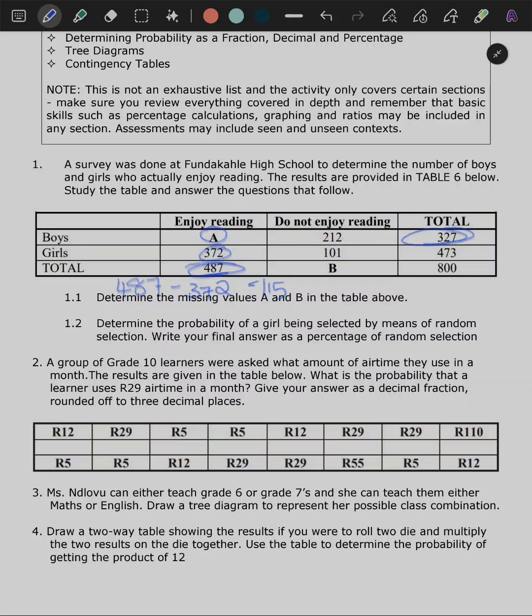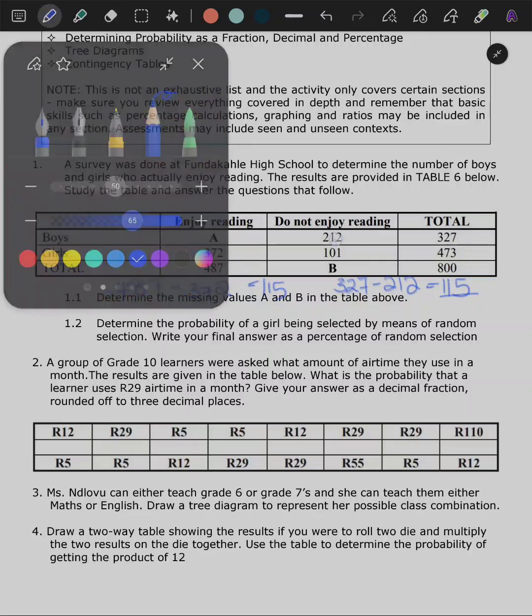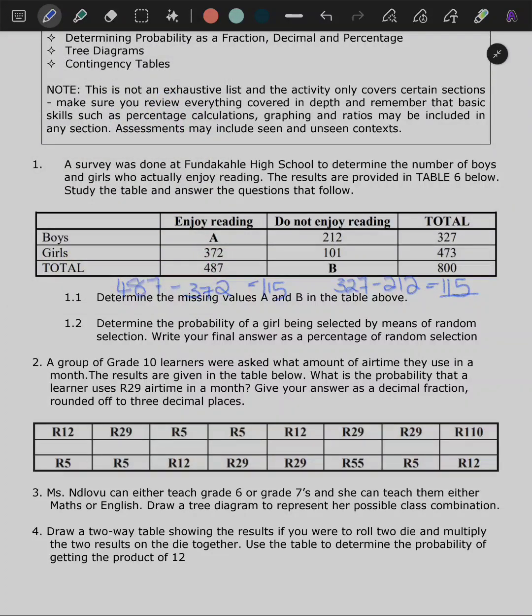If you did it the other way, and said 327 minus 212, it'll still get you back to that 115 answer. So both ways will work. Then we need to go for B, and B is a total. So B is simply adding up the numbers above it: 212 plus 101 gives me 313, and that's B.